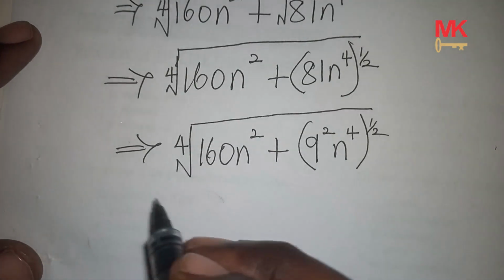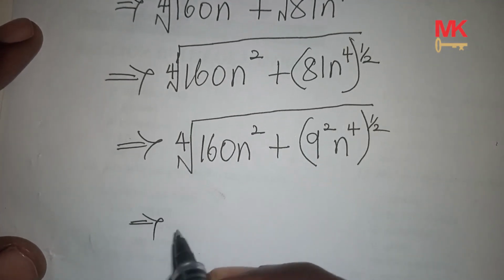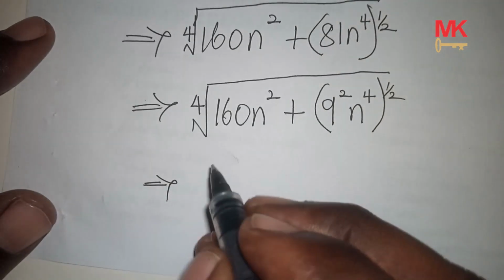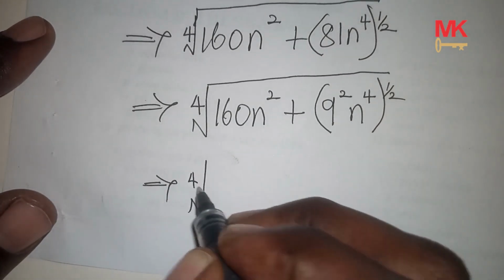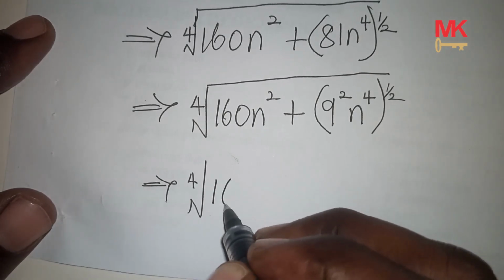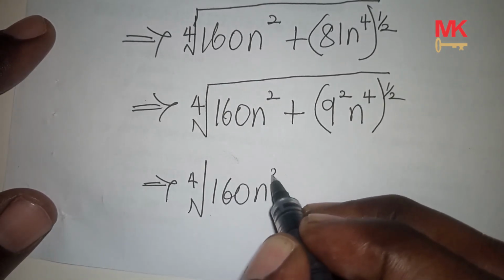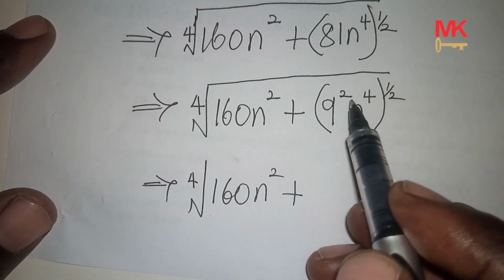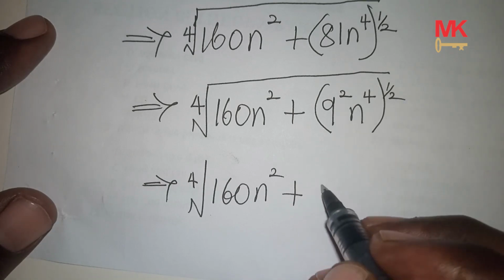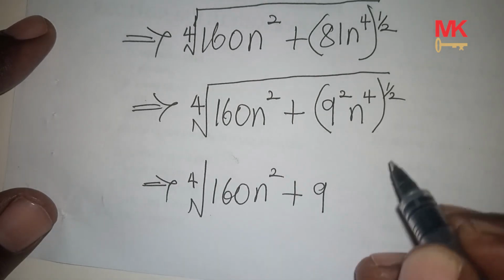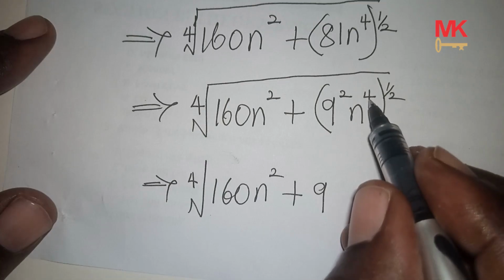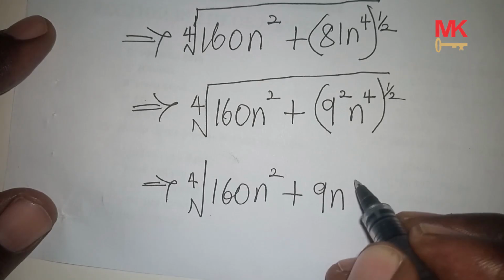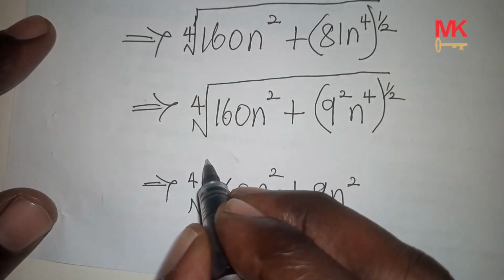So from here, this implies, we'll keep our fourth root, 160n raised to power 2 plus the half you see here again, we'll multiply the power inside to give you just 9, which is also 9 raised to power 1. And the same half you see here, we'll also multiply the 4 to give you 2. So this becomes n raised to power 2, that's n squared.